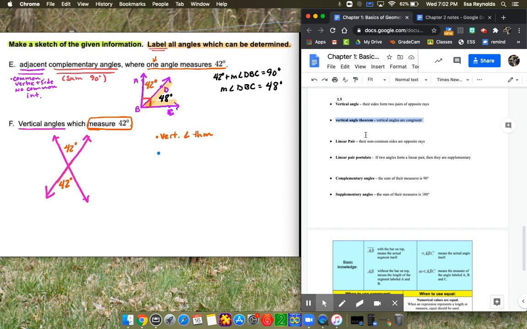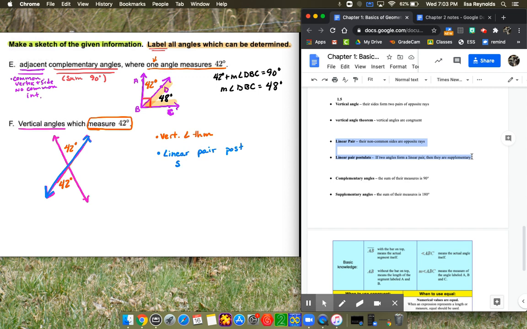Also in chapter 1, we learned how to recognize a linear pair, and we have a postulate that tells us that they're supplementary. So I actually form a line with my 42 degrees and the angle beside it. So I'm going to use my linear pair postulate.